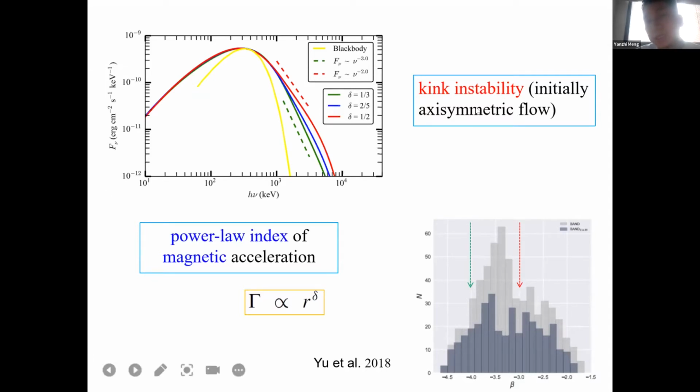But if the rotation axis is aligned with the magnetic axis, as shown, that is an axisymmetric flow, and it is quite possible that the acceleration is due to the kink instability.